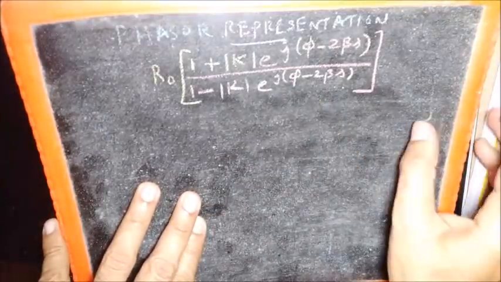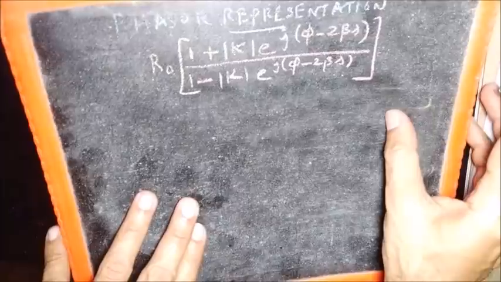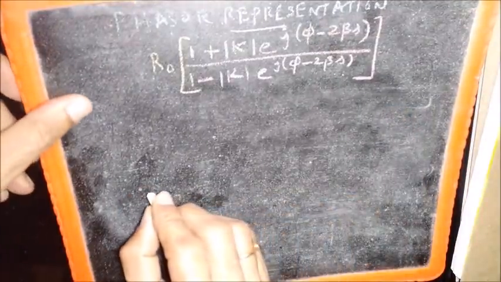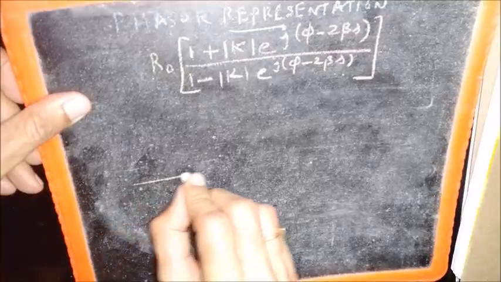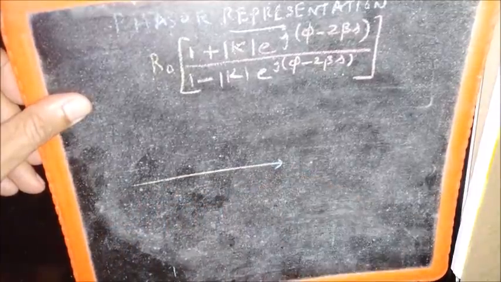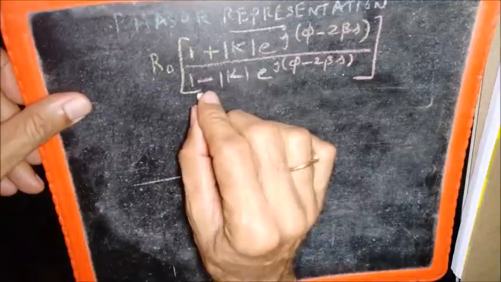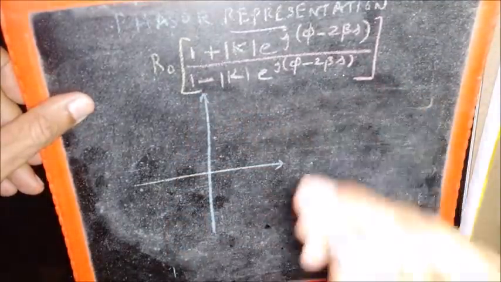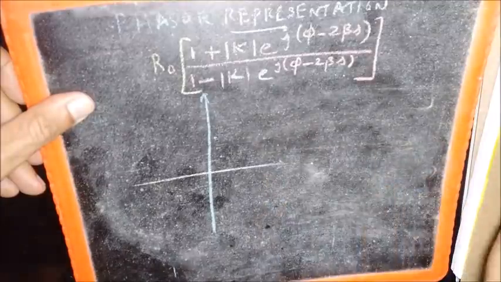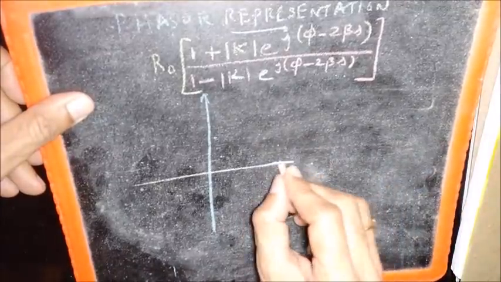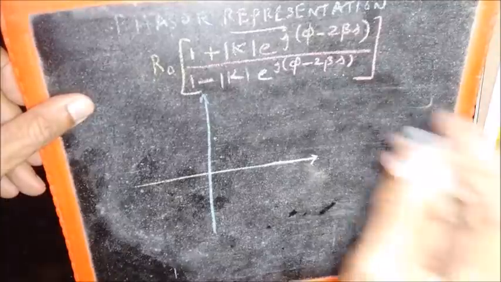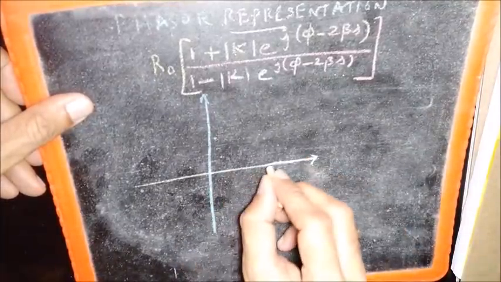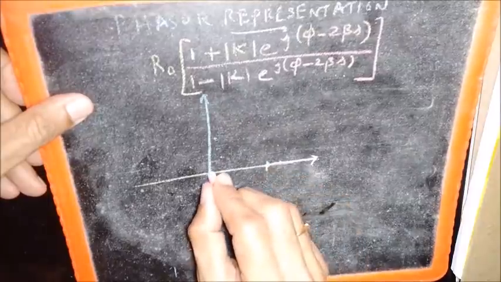So we have the expression for the line impedance or the input impedance like this. Now we will draw the phasor diagram. So this is the real axis and this is the imaginary axis. Maybe I will slightly lengthen this, otherwise the figure will get cramped. Now, this is 1.